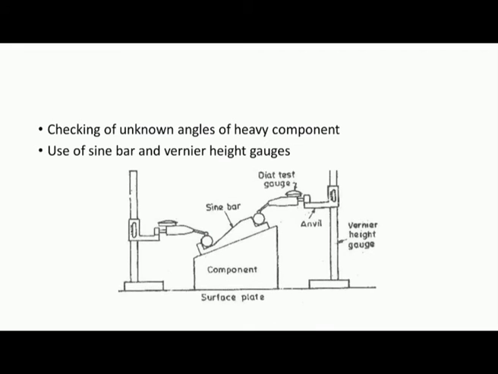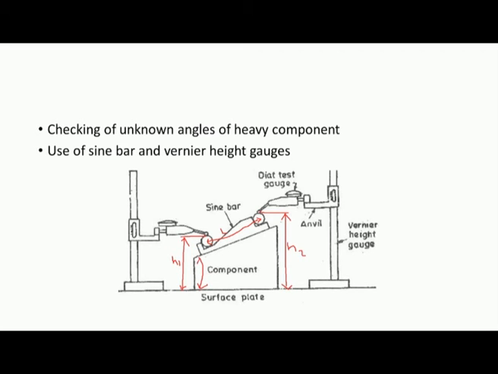This is the height H1 and here this height is H2, and then L is the length of the sine bar. So, knowing H1, H2 and L, we can find out the angle theta, this angle theta.